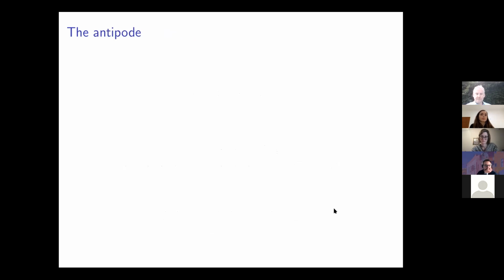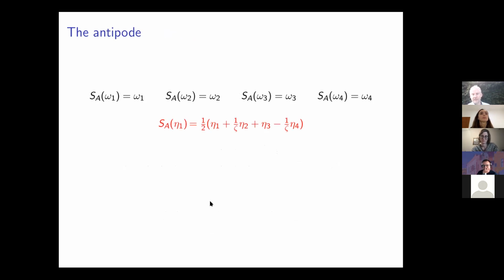There's also an antipode, which I flash very briefly. So the omegas are all inverses of themselves, but here you see it for the etas. In the Drinfeld-Hopf algebra setting, I explained this also in Mexico.